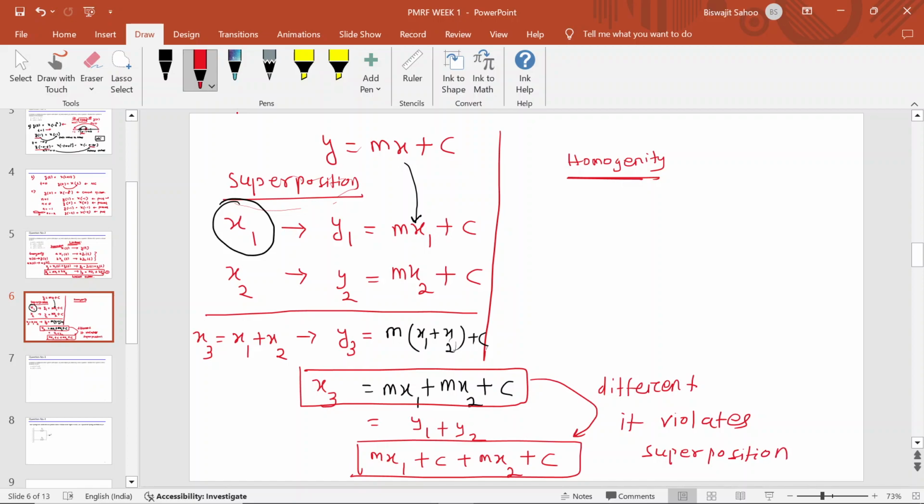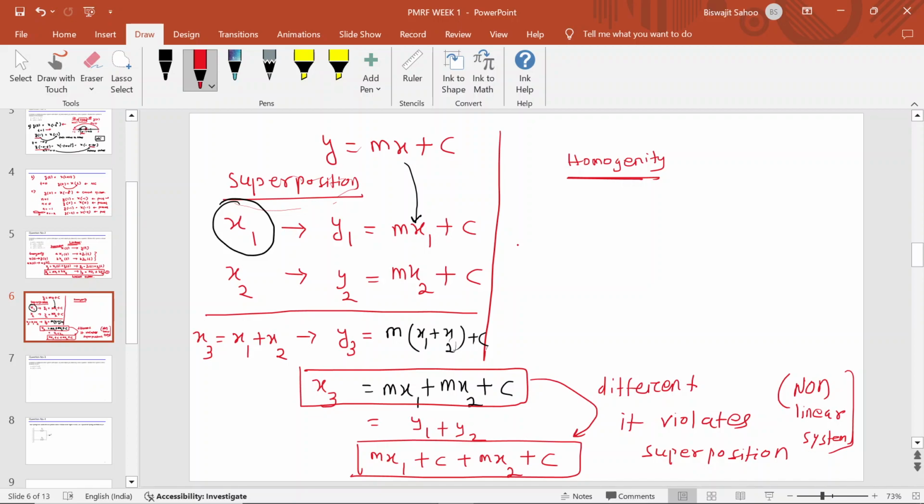That's why, as it violates the superposition principle, it is a non-linear system. Are you following? Yes, sir. Okay, so no need to check homogeneity.